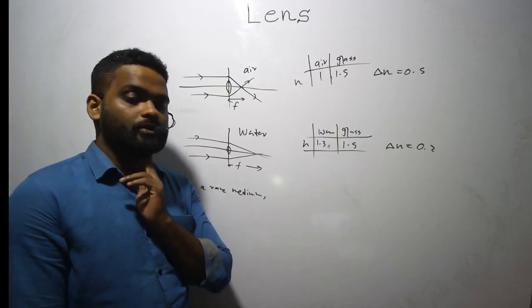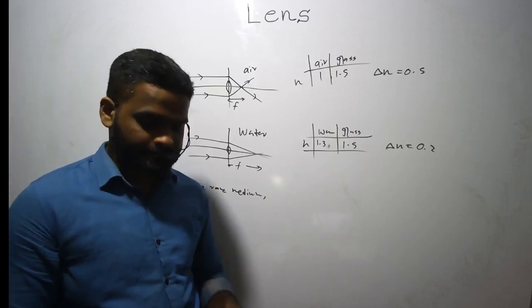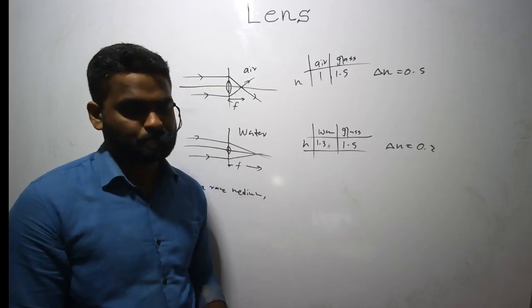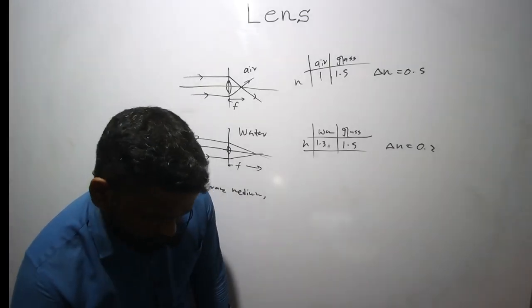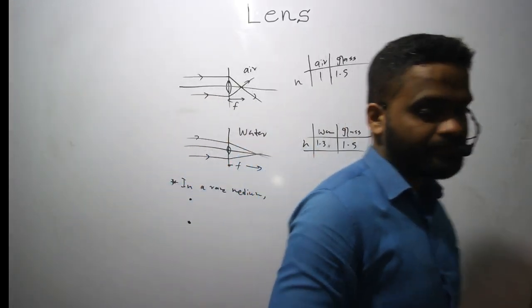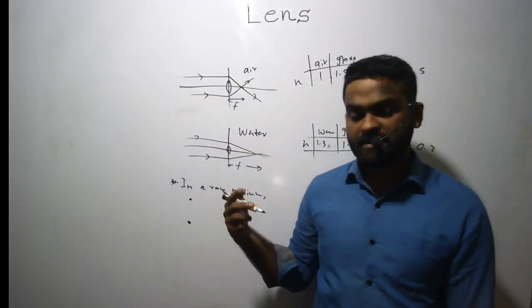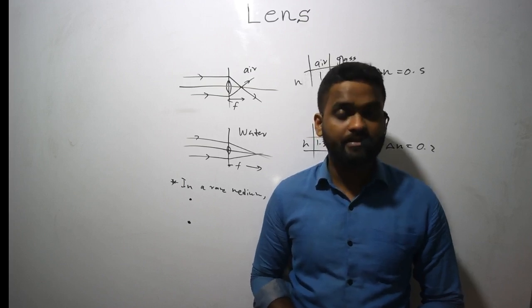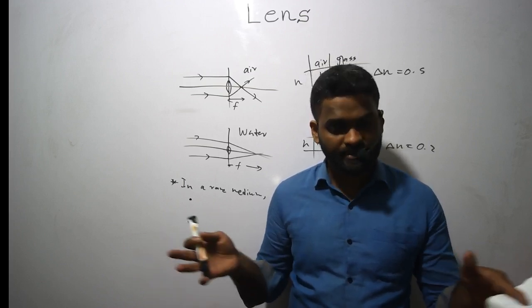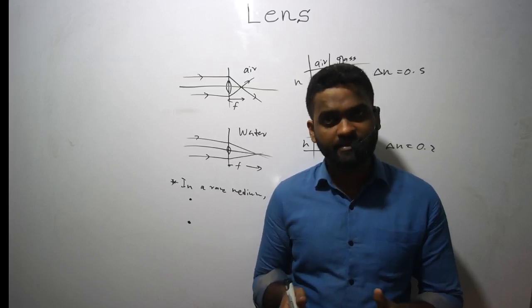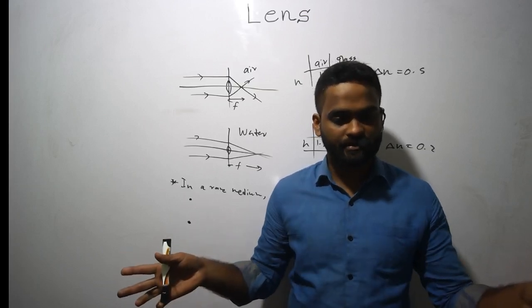So it is called a diverging lens. Okay, so that is another name for convex and concave lenses. For a convex lens, it is a converging lens. Concave lens, it is diverging.